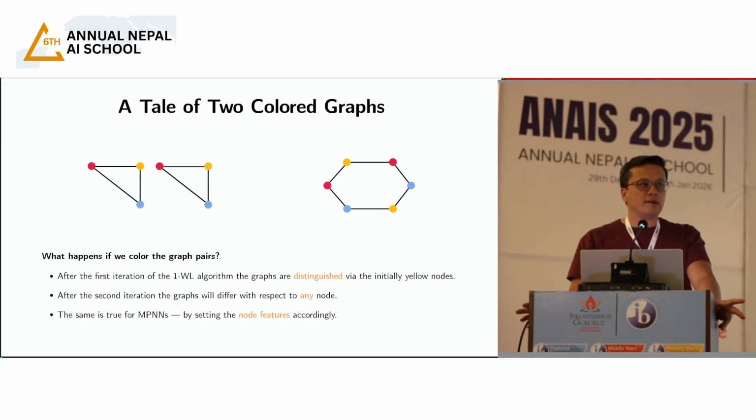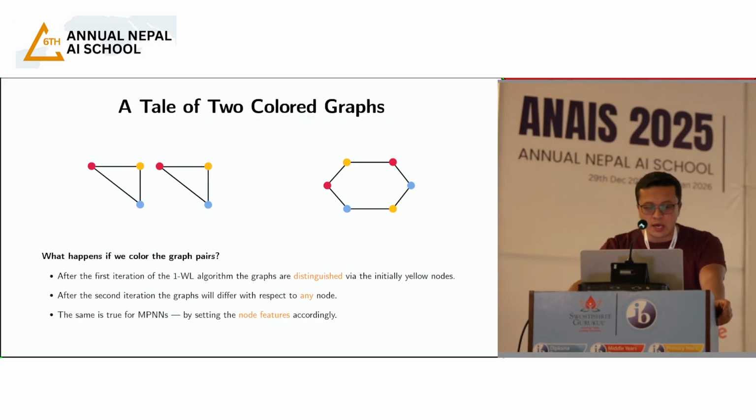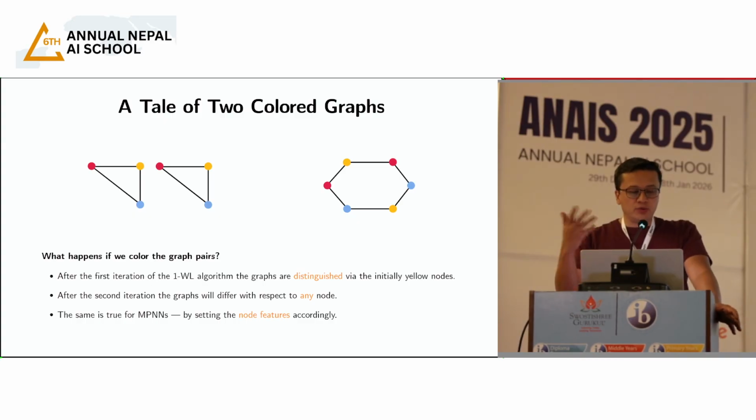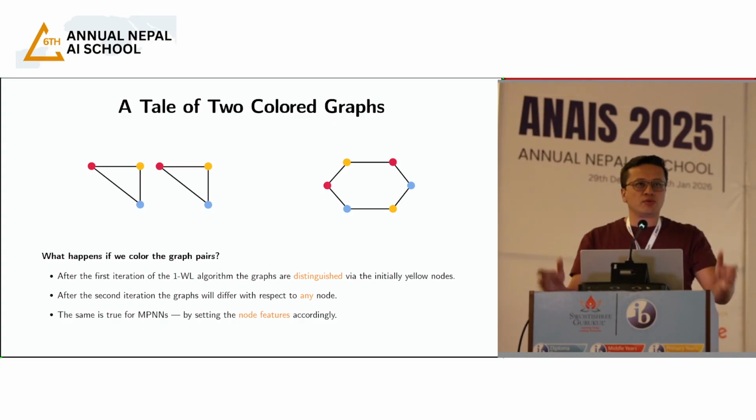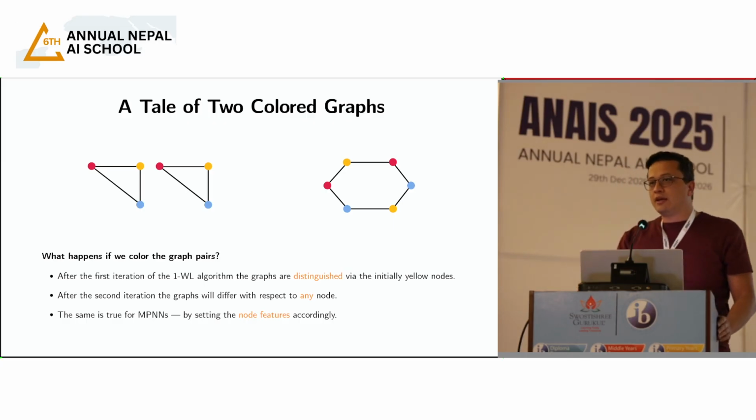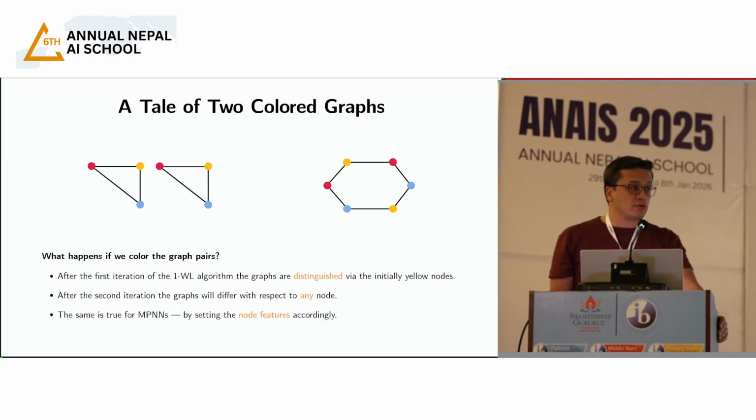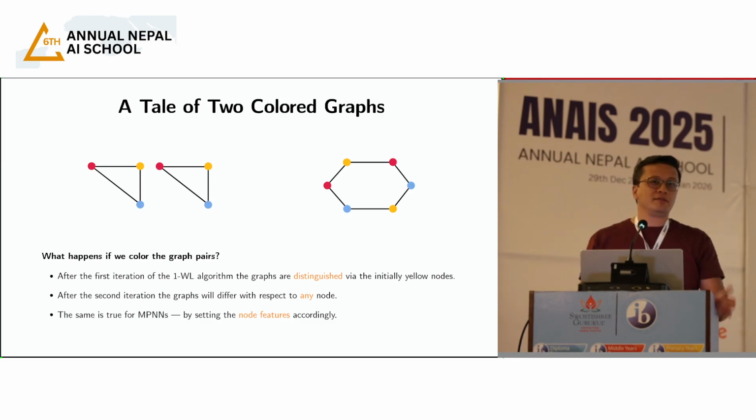Is this clear? Right, good. Now, if I do this for one more iteration, you can try this, then all nodes will be distinguished. And if I just draw the color histogram of these graphs, they will be different, right? And so 1WL actually can distinguish these graphs if I start with different colorings.